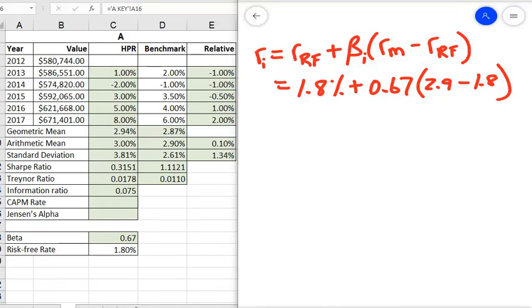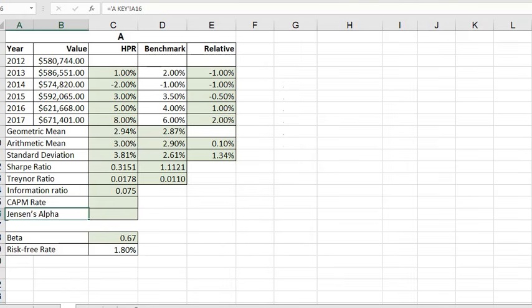Let's go ahead and plug that in. So CAPM equals the risk-free rate. We need to generate the 1.8%, plus we need beta times the benchmark's risk premium. What's the risk premium? It's the benchmark return minus the risk-free rate.